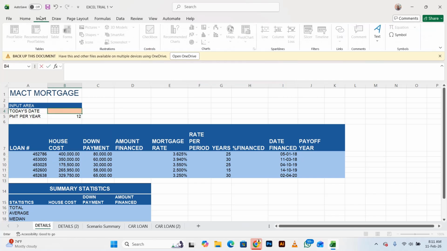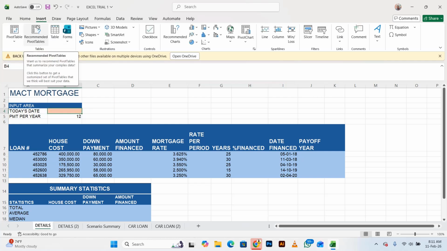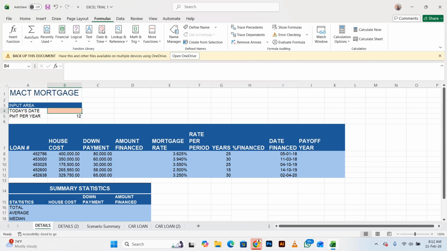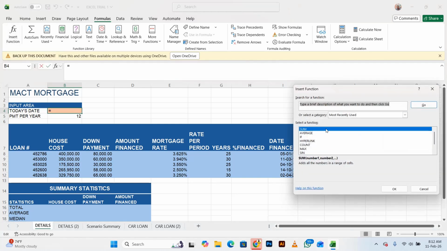The other is to insert formulas. Normally, I prefer that you type it here. When you go to insert function and click on the formula, you type what you want, which is a good thing.